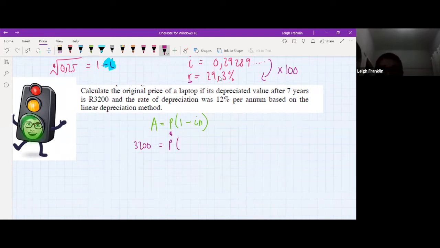We want to calculate P, so what it was worth originally. 1 minus 0.12 multiplied by 7. Okay, and then to get P on its own, we've got to divide both sides by the bracket. So 3200 divided by (1 minus 0.12 times 7). And you can tell me what you're getting as an answer here.